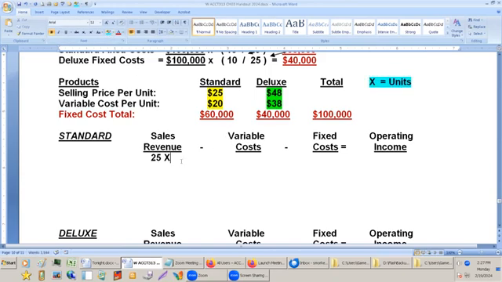So again, we don't know how many units. We know that each one we're selling for 25, minus the variable cost, which is 20x, minus the fixed cost for standard, which is 60,000. At break even, our income is 0.